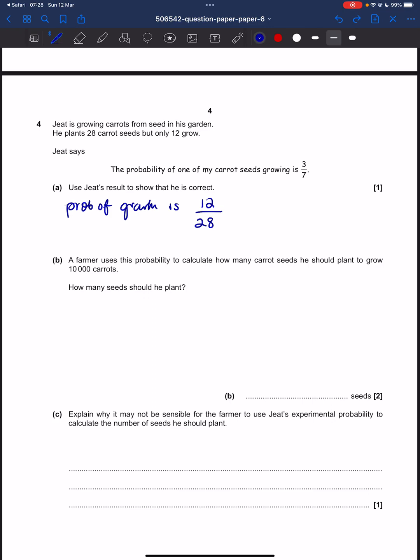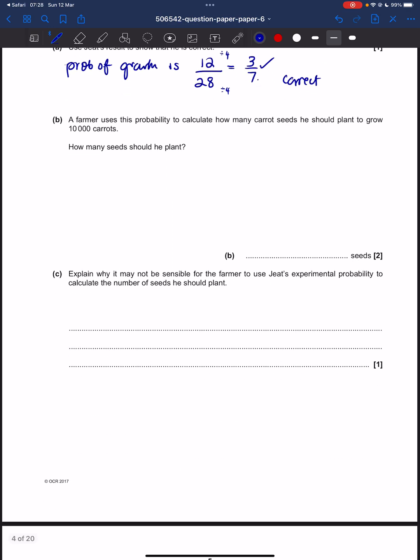Top and bottom, divide numerator and denominator by 4, so it's 3/7. Correct.